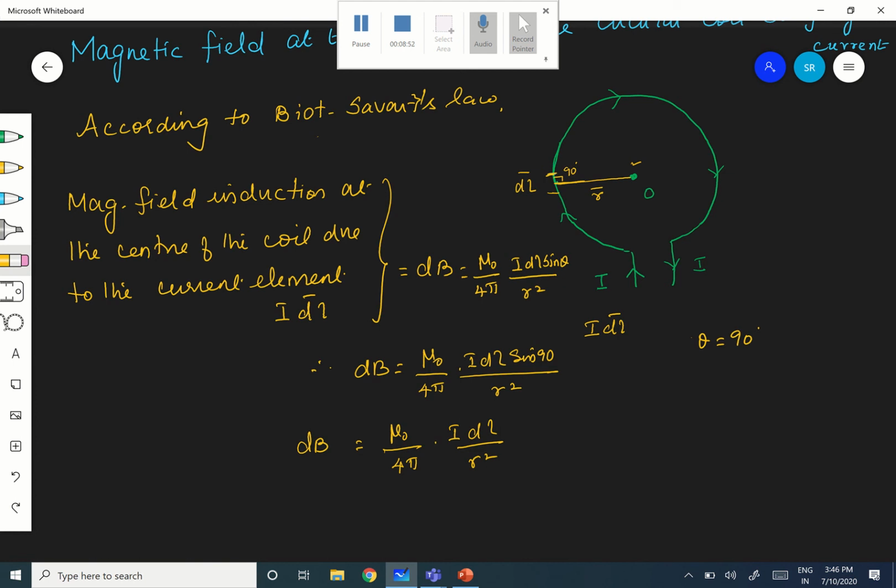Curvature from dL to r means it is in the clockwise direction, correct? Therefore, the curvature should be in the clockwise direction, and in that case the thumb shows the direction of the magnetic field at O.